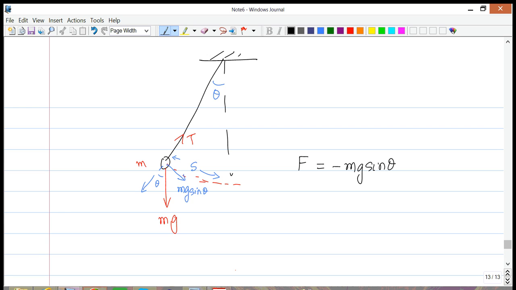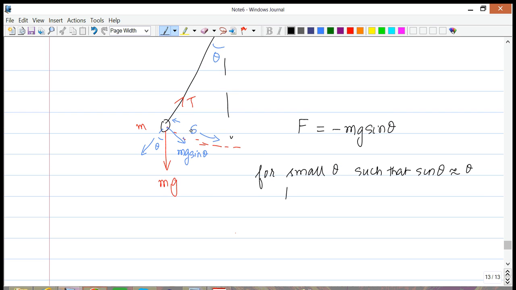It wants to bring it back to equilibrium. But for small theta, such that sine theta is approximately equal to theta, this restoring force becomes negative mg times theta.